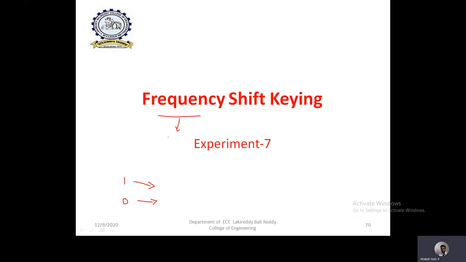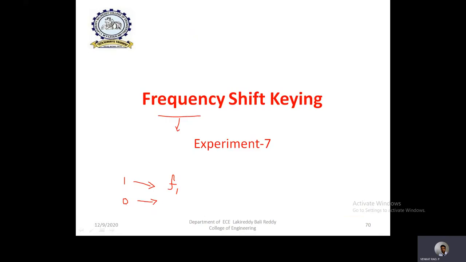So how many frequencies does it change? Since it is a binary modulation technique, it is a very simple modulation technique. The input is either 1 or 0, so there will be only 2 frequency variations. That means if the input is binary 1, the output of the modulation will have the carrier frequency F1.